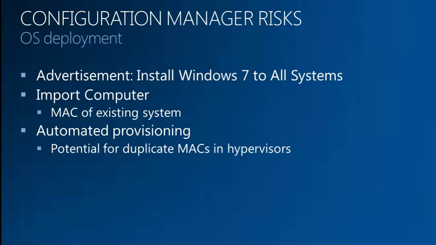OS deployment is something that typically you might not think is malicious, but you can certainly cause a denial of service, sort of. Installing Windows 7 on everything or on all servers could probably cause some problems. I was actually at a customer where, with the way the VMware environment was set up and using Config Manager 2007 to manage all the systems in a very large VMware environment, they actually had duplicate MAC addresses between separate vCenter instances, but one Config Manager system that was managing it all.